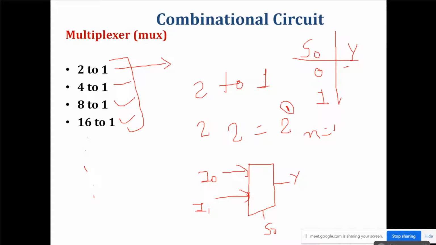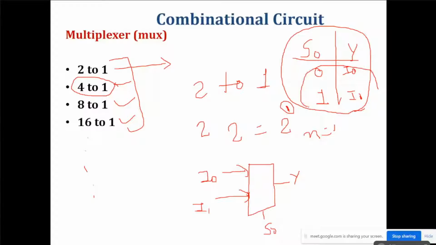So if the selection line is 0, it means I0 will be selected. If the selection line is 1, then I1 will be selected. So this is just a truth table. Very simple, it will be very easy to implement.